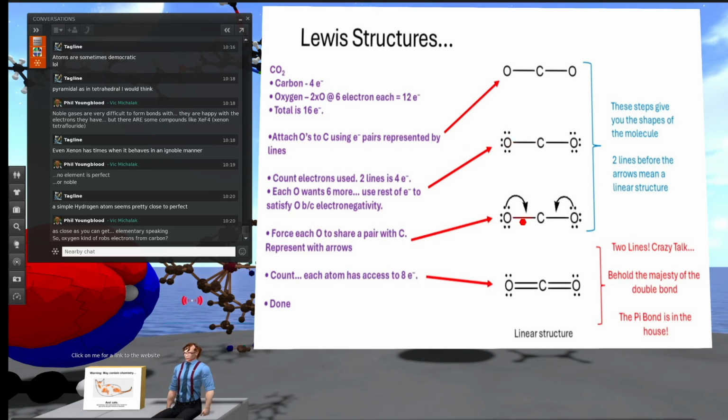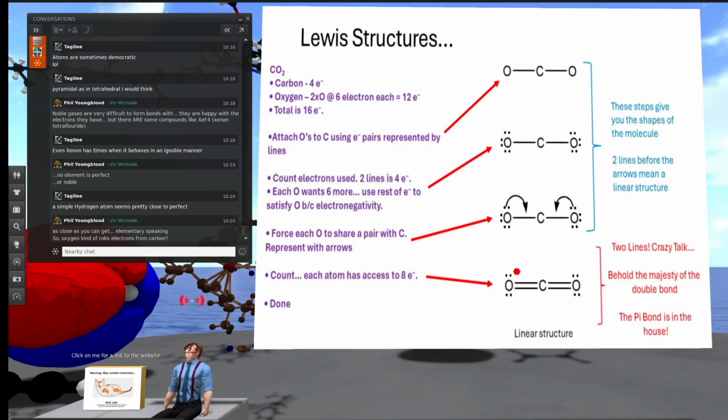So what we do is we use these curvy arrows to represent how electrons are going to move or be shared. This carbon, even though it's not as electronegative as oxygen, doesn't have an octet, and that's just not acceptable. So we'll force an oxygen to share in a sideways manner, in a pi bond, a pair of electrons.